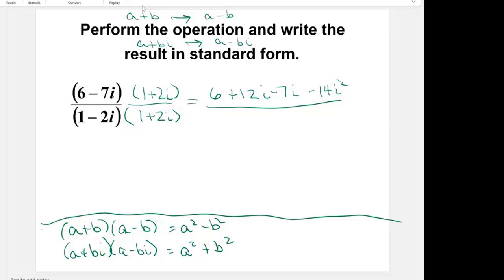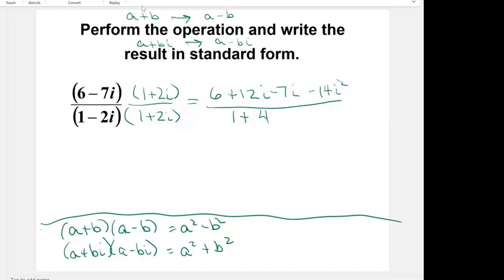It's the difference of squares, and the middle terms are still going to cancel. So here, instead of foiling the whole thing out, I can just say a is 1, so it's going to be 1 squared, plus b is 2, so it's going to be 4, right?